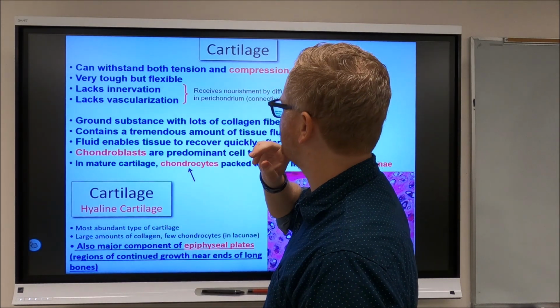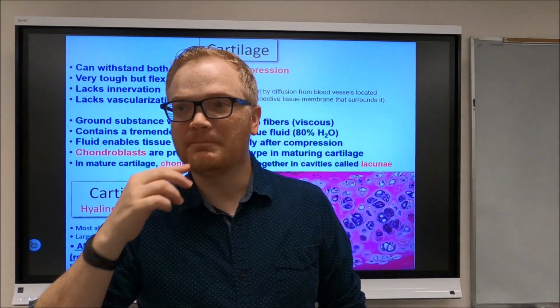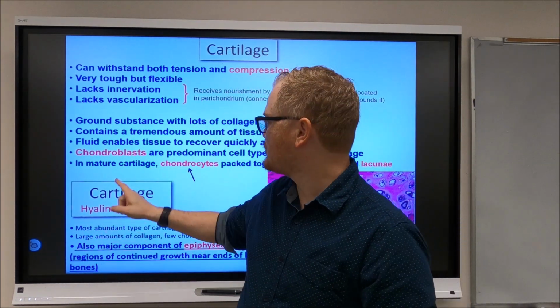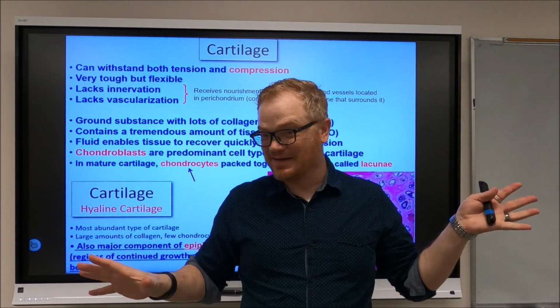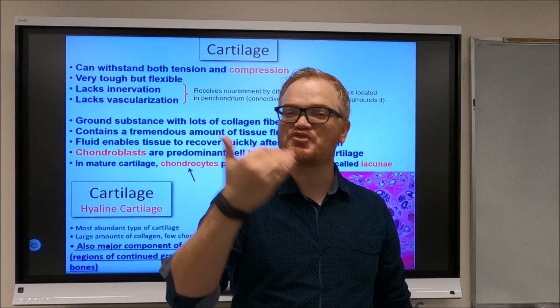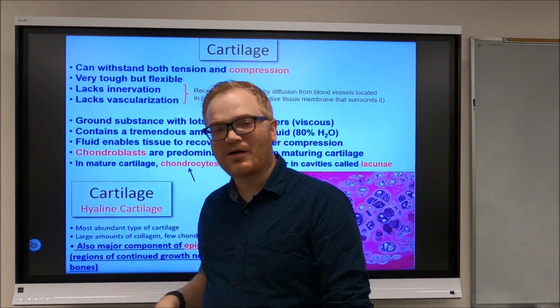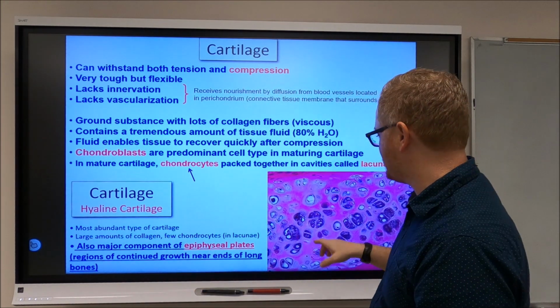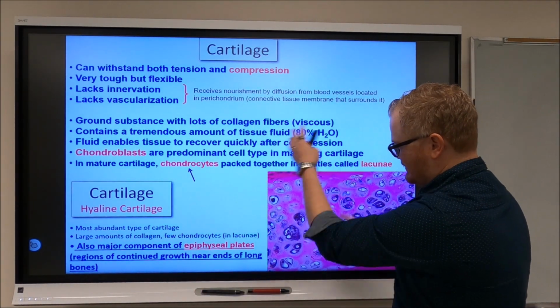You know what? Let's talk about some cells here. Chondroblasts and chondrocytes. Anytime you see the root term blast, a blastic cell is making something, okay? So a chondroblast, chondros, that's a root for cartilage, is making cartilage. So a cell will come in, like here, and make cartilage all around itself.